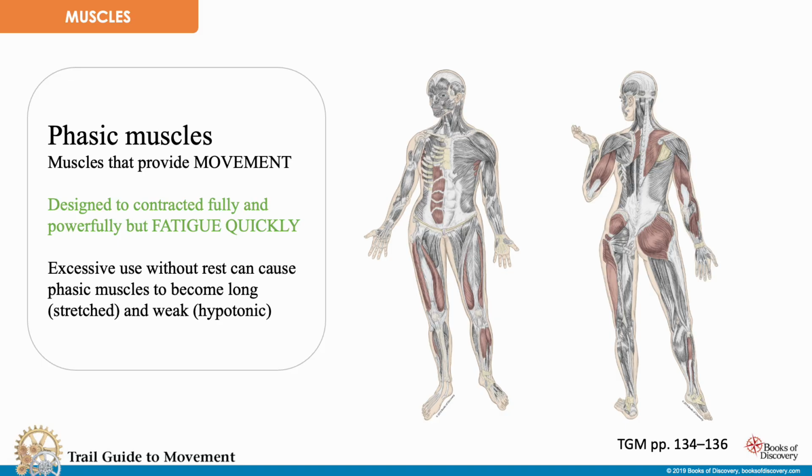Your instinct might be to stretch them even more because they hurt, but that's the last thing they need. If a muscle is already overstretched and weak, or hypotonic, it needs activation and blood flow, not more lengthening. You have to wake these muscles up so they can start supporting the body again.